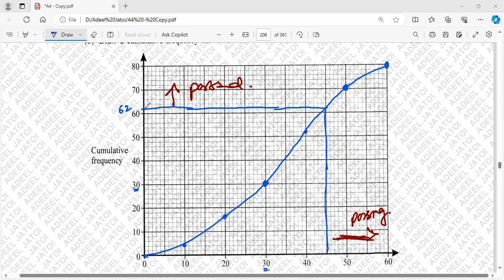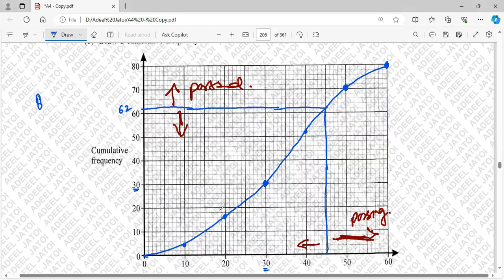And how many students lie under this? That means you had 80 students, 62 students scored less than 45. If we mark left, we'll mark down here. So 62 students scored less than 45. So what do we need to have? We need to make sure how many students actually passed.